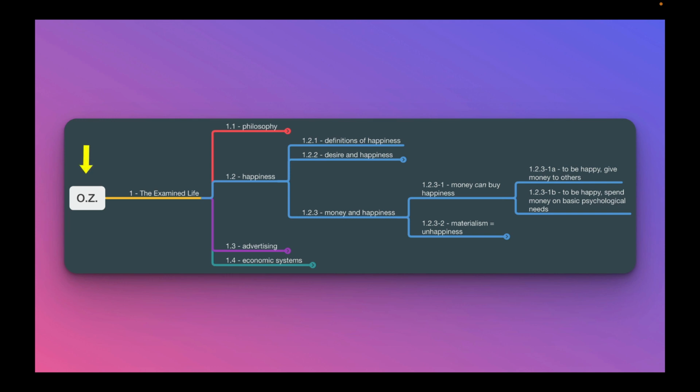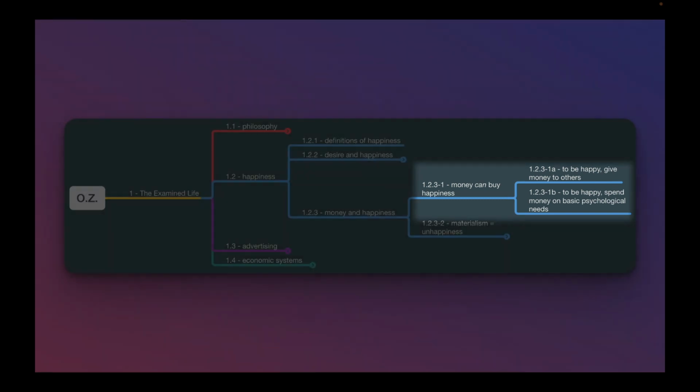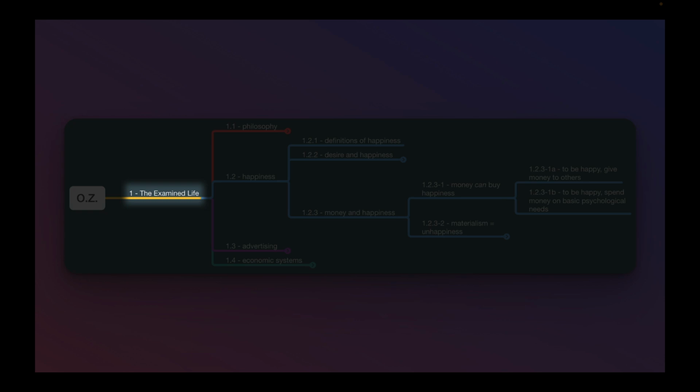As you can see here, the main parent node is OZ, which stands for Old School Zettelkasten. The first, and in this course I'm teaching, the only branch stemming from the parent node is the name of the course. As you can see, the first number in the cards over here, the number 1, represents the Exam in Life. The second number represents happiness, and the third number represents money and happiness.